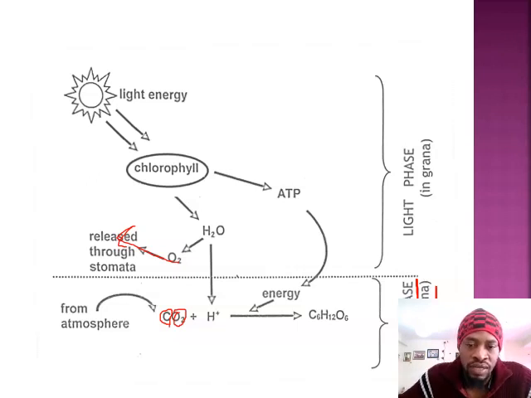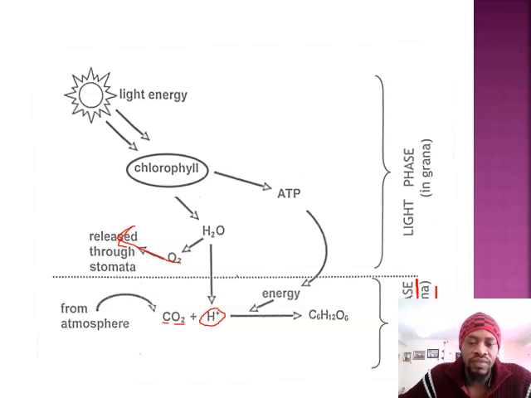Now in the dark phase, I said carbon dioxide brings in 2 things, which are carbon and oxygen. This carbon and oxygen combines with the high energy hydrogen atom that came from the light phase. Remember, it had a lot of energy.